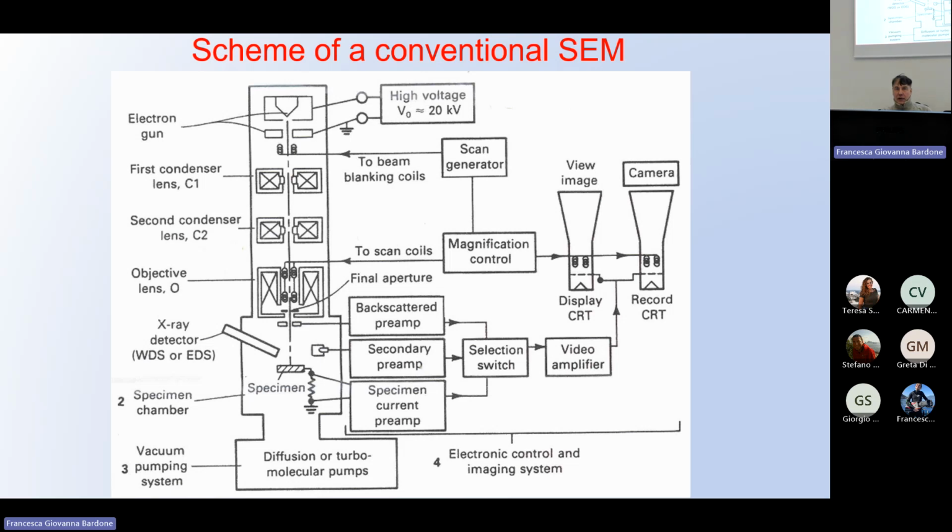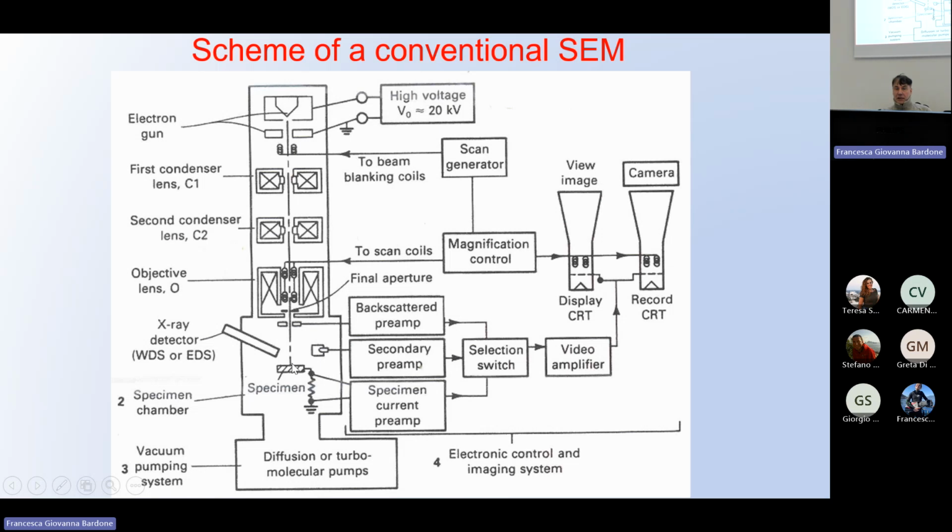You have your electrons, which are produced by a gun. The electrons are accelerated. They are focused by condenser lenses, like in optics. And then the final lens is an objective lens, like in optics. You have your beam, which is focused on the specimen surface.